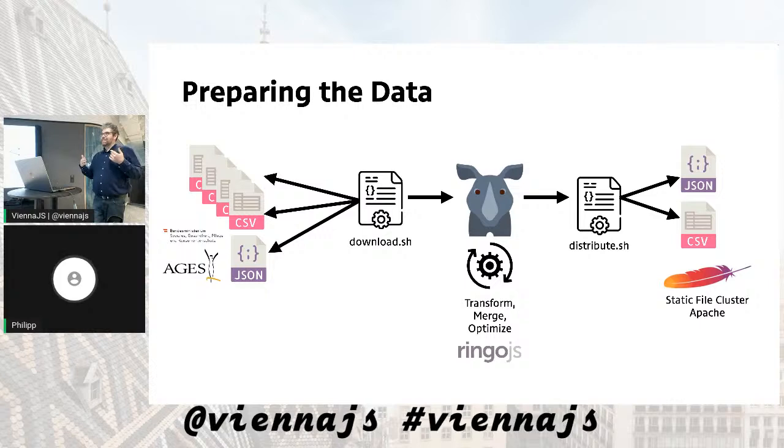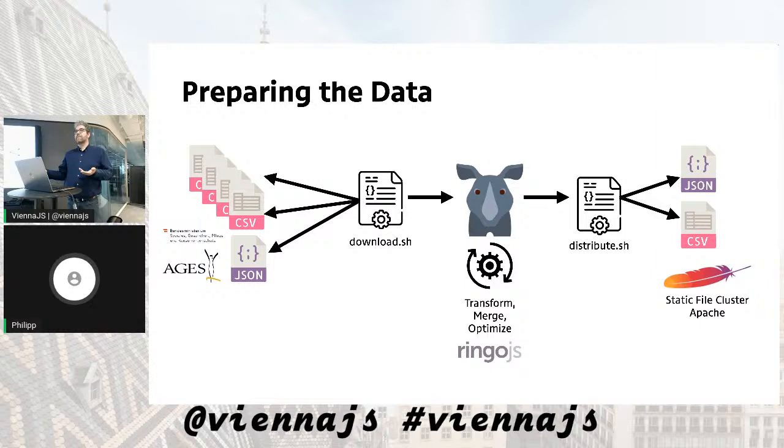And these are quite complex scripts after 2 years, but they do a lot of heavy number crunching, transforming everything, dropping columns you don't need, optimizing the data, compacting it so that we don't send out even more data to our browsers than we need to.